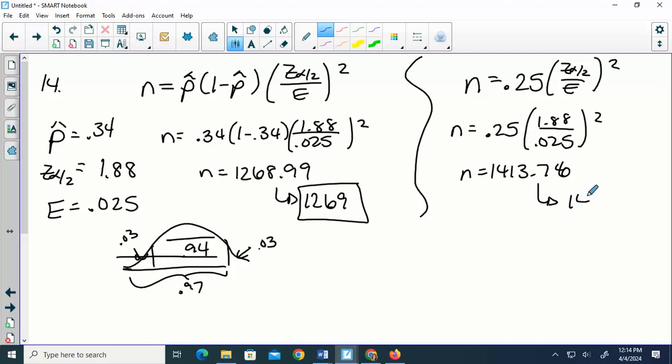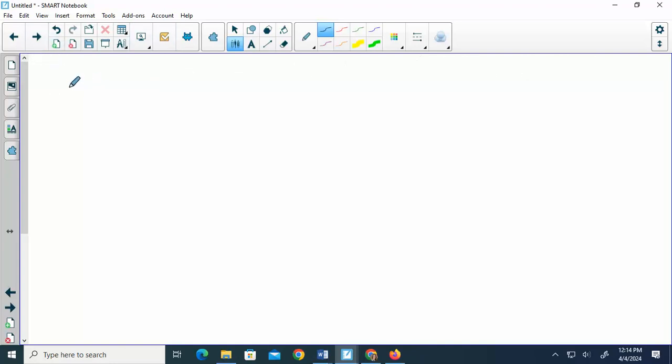So we'd have to have 1,414 people. Is that okay? So you guys are good on A and B. A is just from the table. B to the left, you just make your t negative.